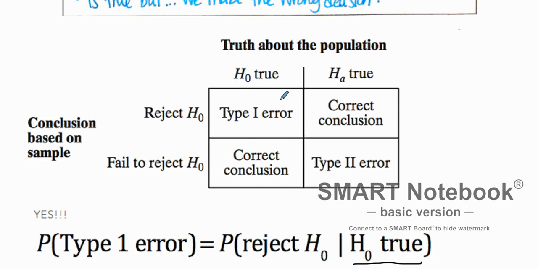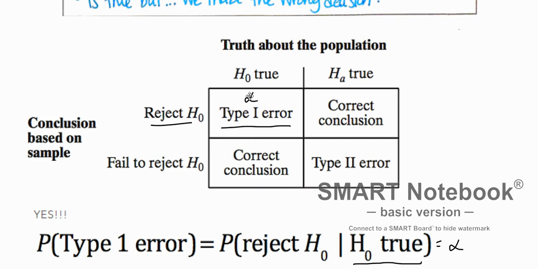The error occurs when we reject the null, but it is true. So what's the probability of rejecting the null given that it is true? Well, that's going to be whatever the alpha value is, our level of significance.